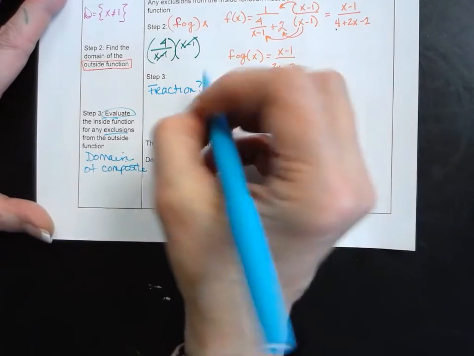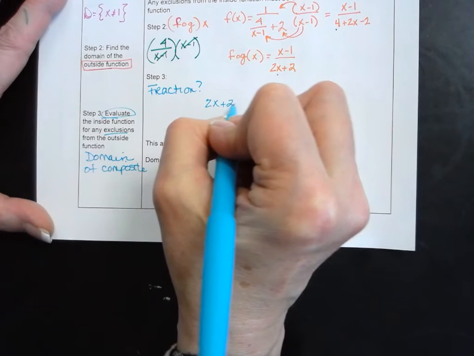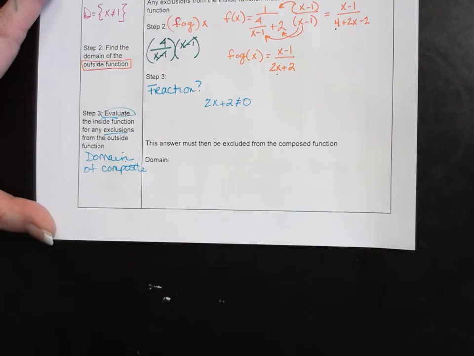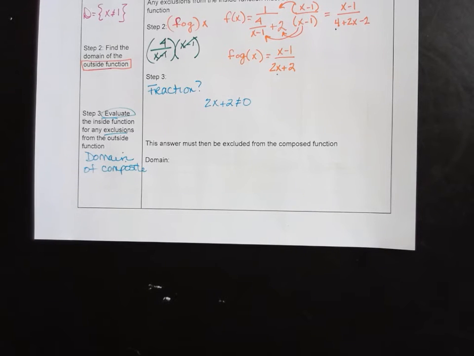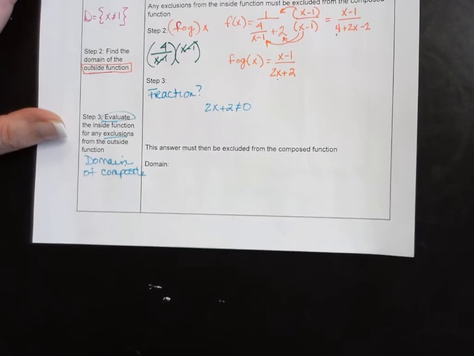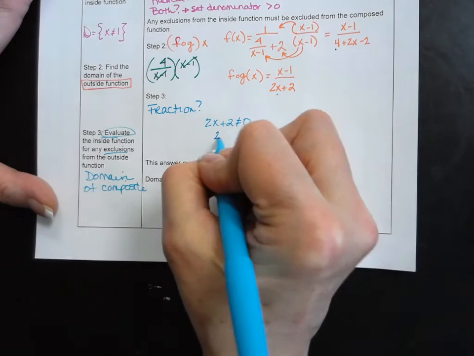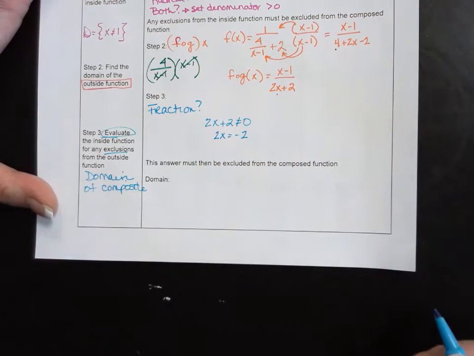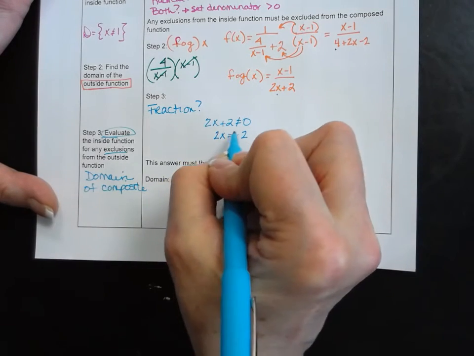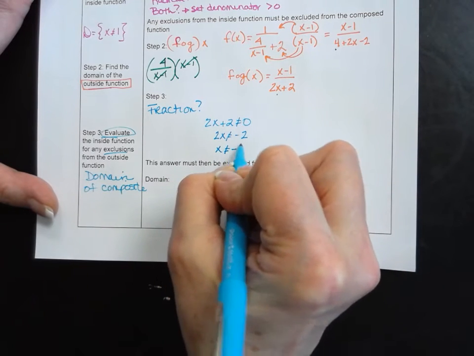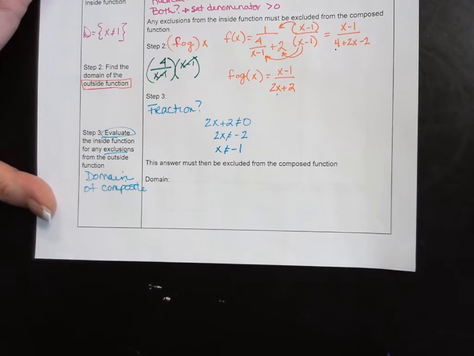So I set 2x plus 2 so that it can't be 0. And now I need to solve for x. Good so far? All right, so 2x cannot equal negative 2. So x cannot be negative 1. Good?